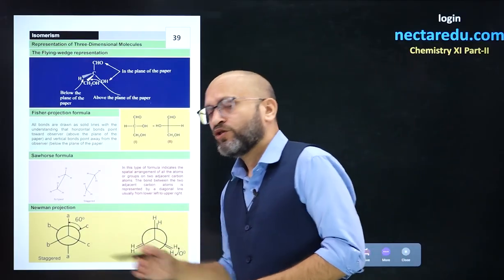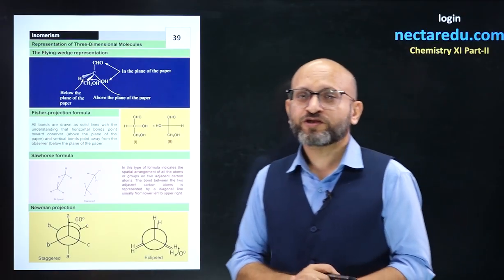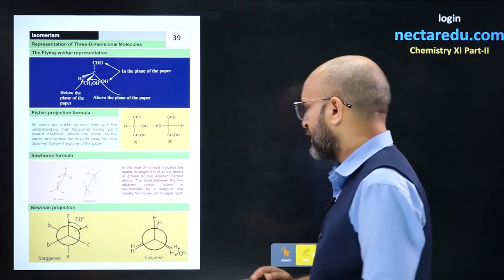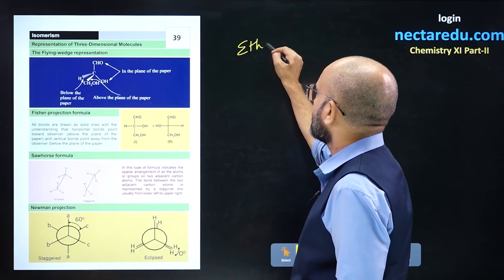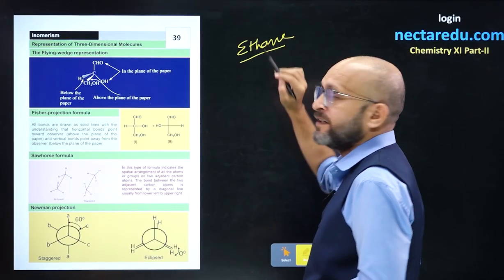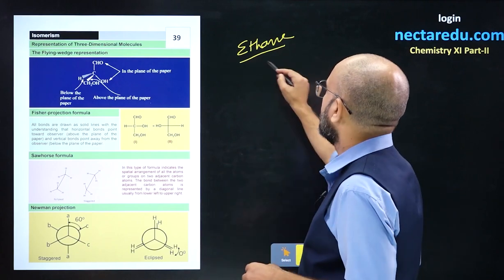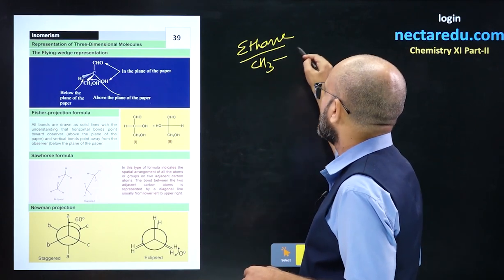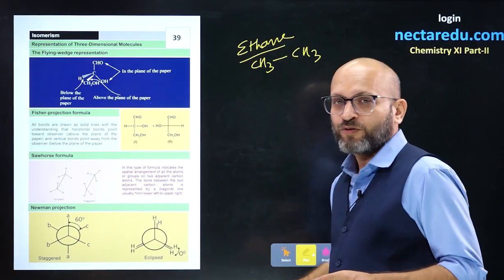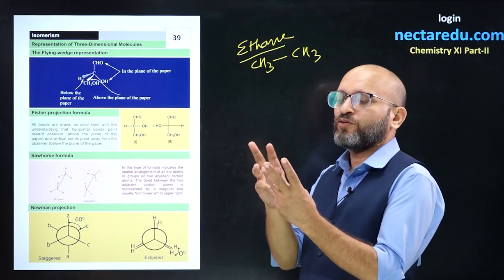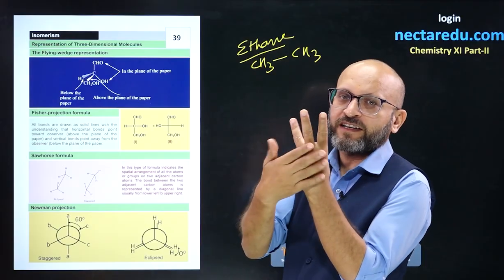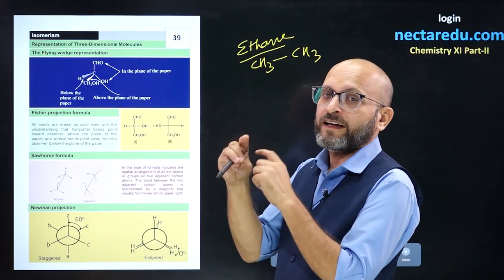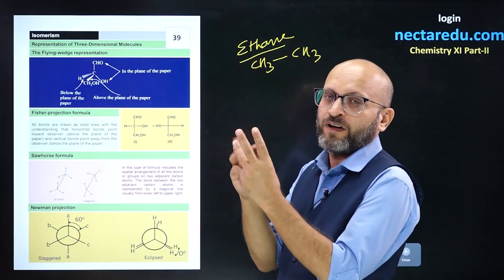Now Newman projection is another representation for conformers. Here, for example, I have ethane and I have to draw the Newman projection for it. Ethane is CH3CH3. Now there are two carbons, a front carbon and a carbon at the back side.